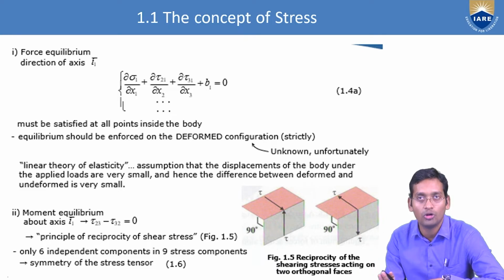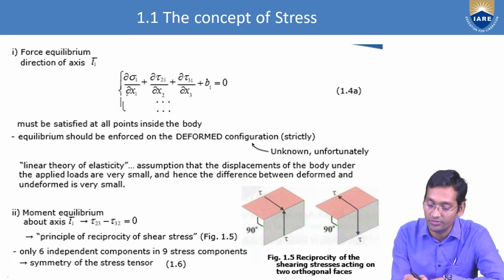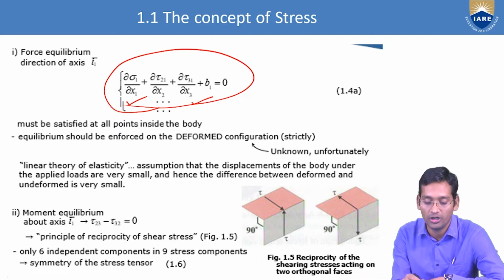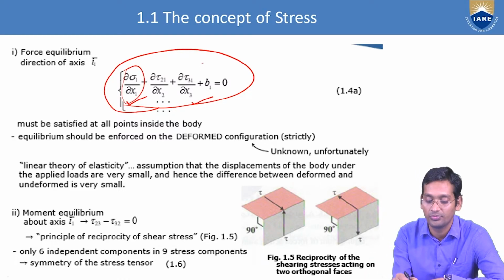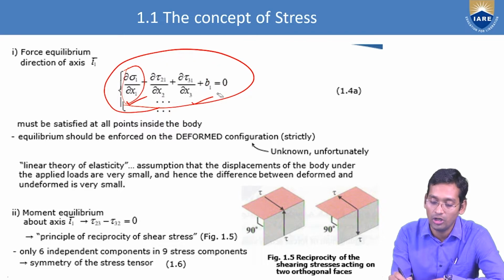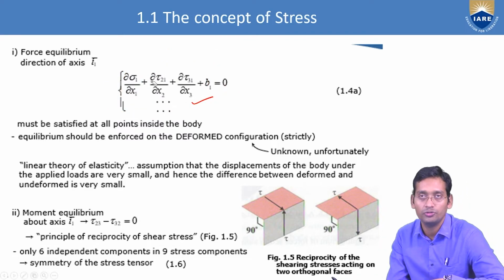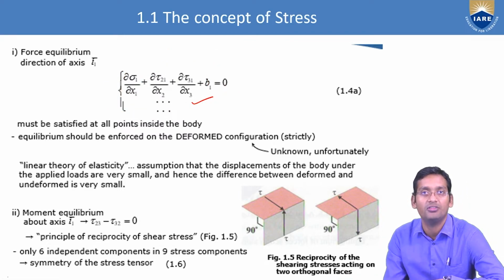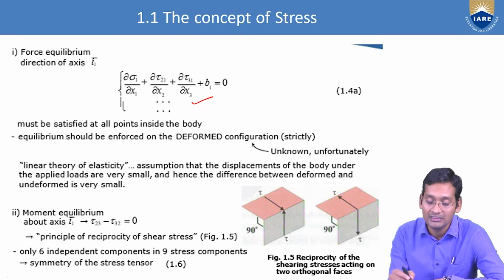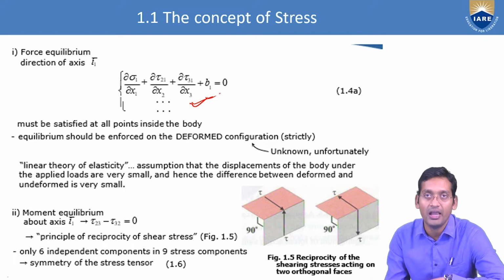So the overall sum of the total forces acting on the body must be equal to 0. That means direct stress, tangential stress and body force, the sum of all should be equal to 0. Then only we can say it's in equilibrium, and this must be satisfied at every point.